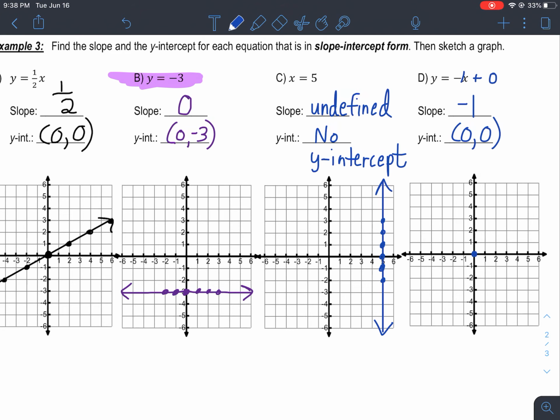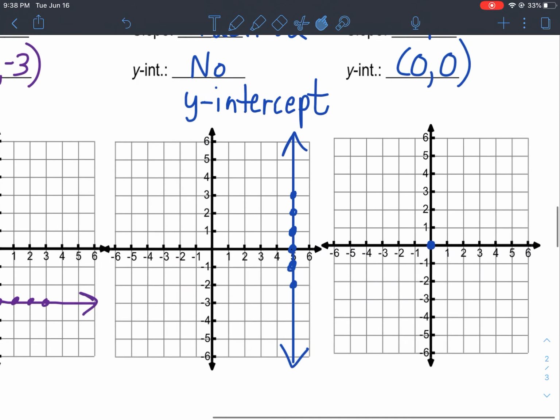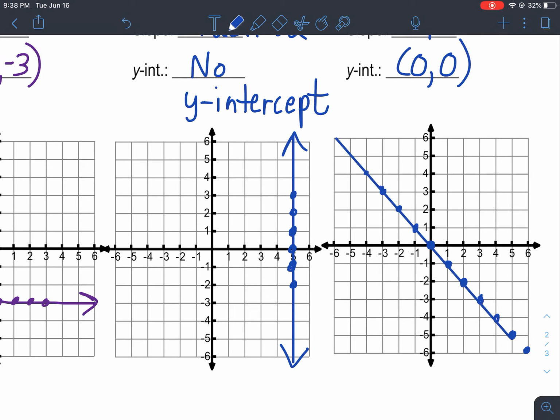So we start at 0, 0, go down 1, right 1. So it's always to the right. So it's either down and to the right, that's a negative slope. Up and to the right is a positive slope. And then just connect your points.